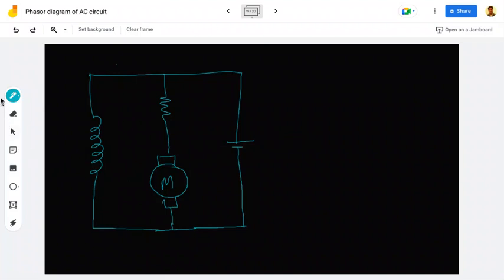So let me change the colors. 0.75, 295, 3.1 amperes.